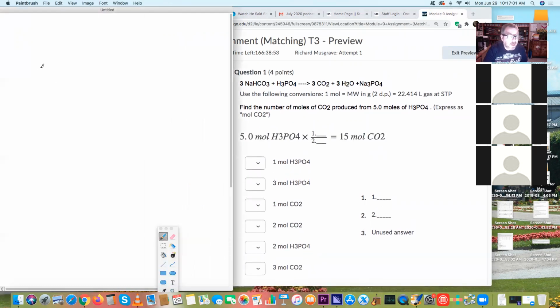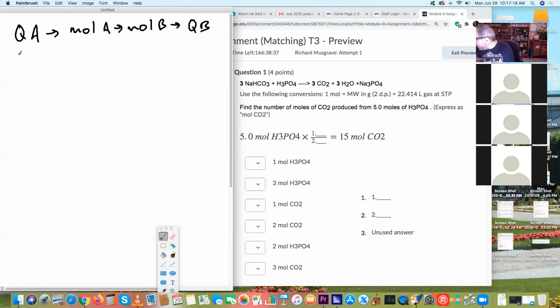So what I'm going to encourage you to do when you're going through and doing the assignment and the other quizzes is to use this modified flowchart, where QA is grams of A or liters of A at STP, and QB would be grams of B or liters of B at STP.